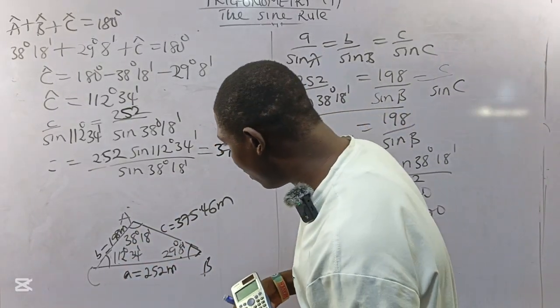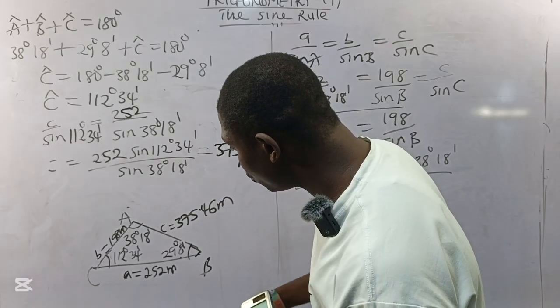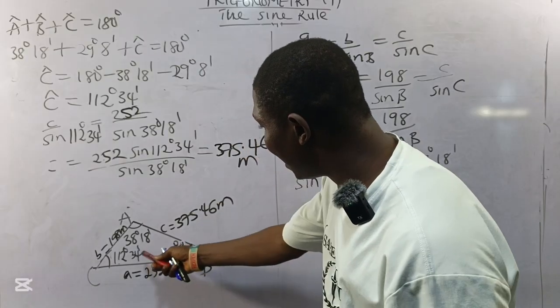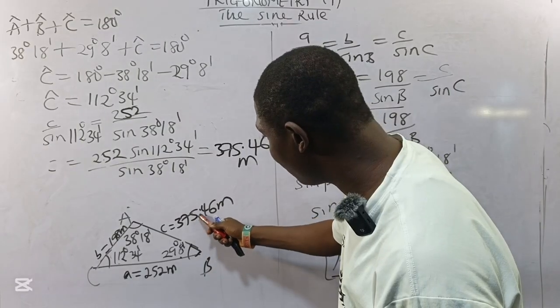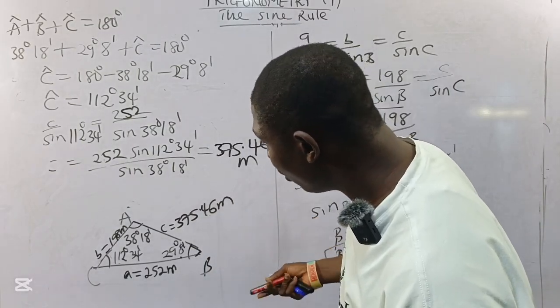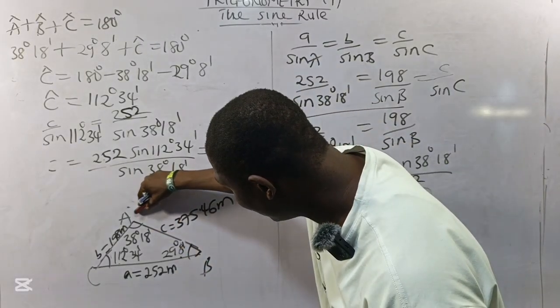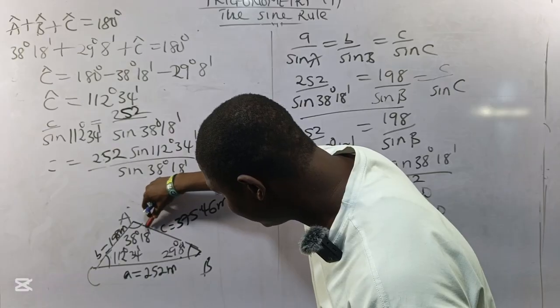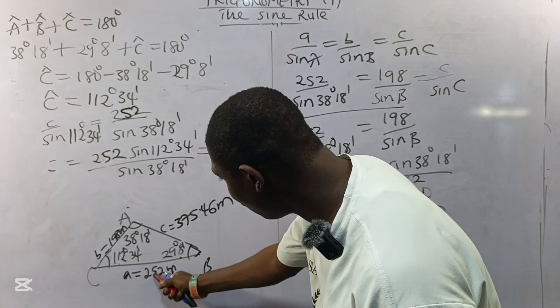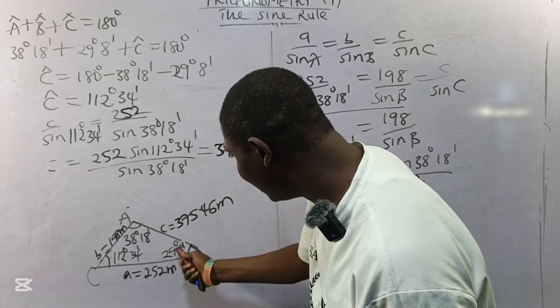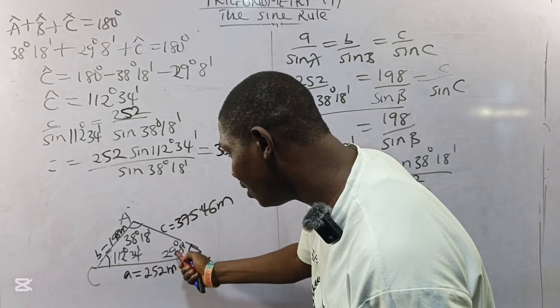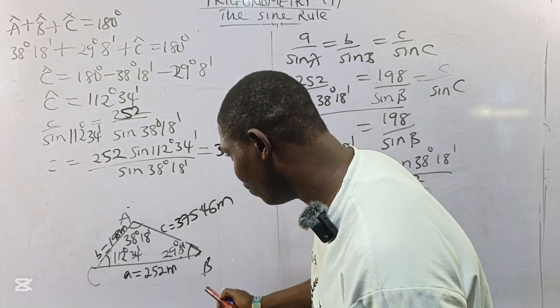Now the biggest angle happens to be C, which is 112 degrees 34 minutes, and it corresponds to the longest side, which is 375.46 meters. Also the next is our angle A, which is 38 degrees 18 minutes, and it has 252 meters, which is greater than angle B, since angle A is greater than angle B, which is 29 degrees 8 minutes.